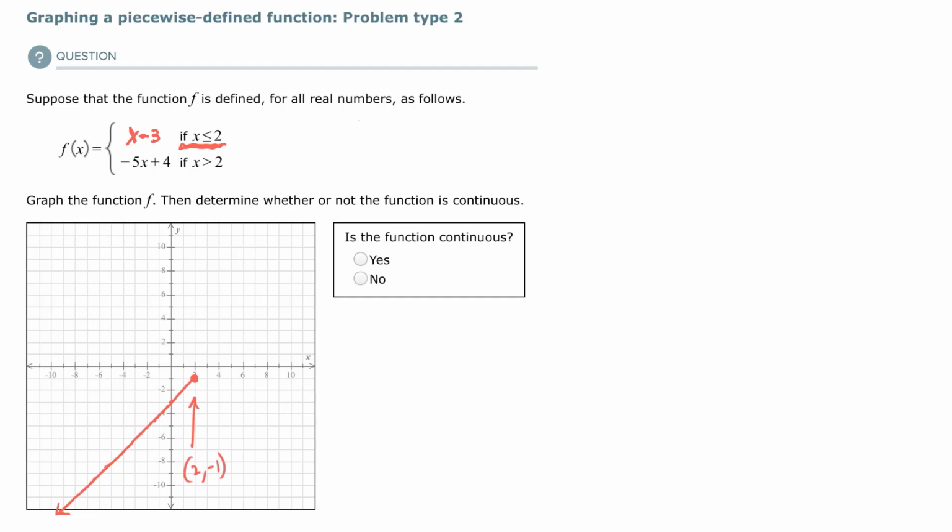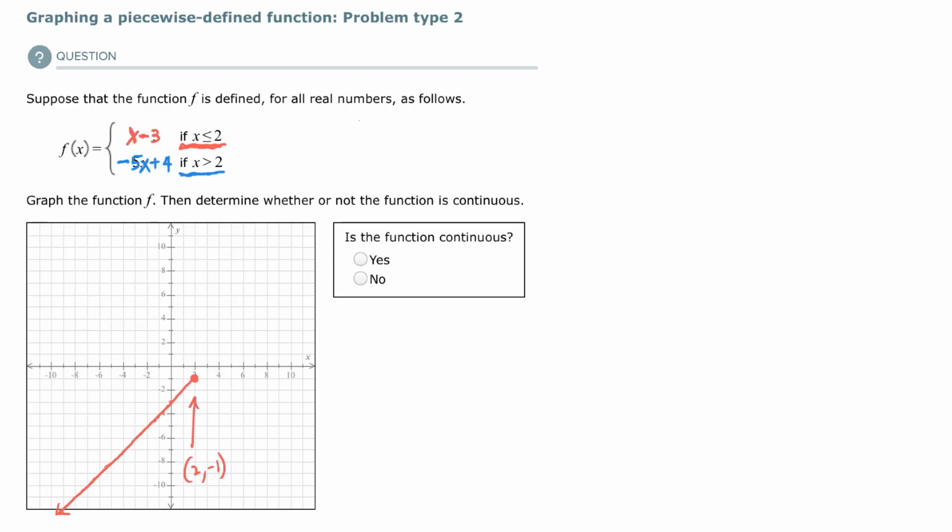Let's take the second piece of the function, which is negative 5x plus 4. That once again graphs a straight line, but this time we have to look at that domain right there. Once again, I'm going to first graph it with a dotted line. So the y-intercept is 4, so we're going to need to plot a point at 0, 4.